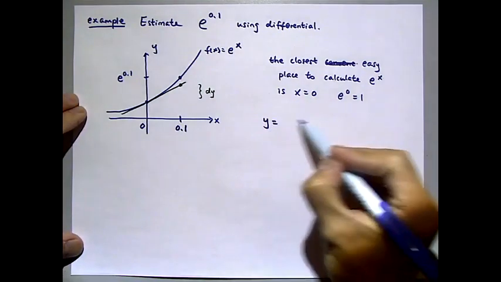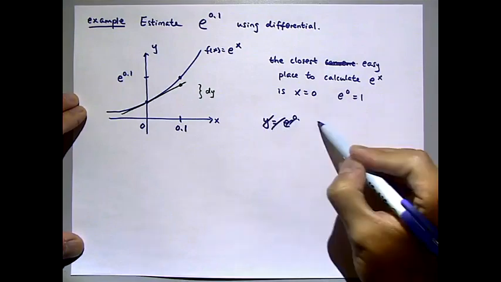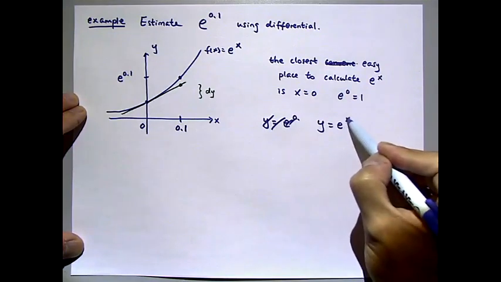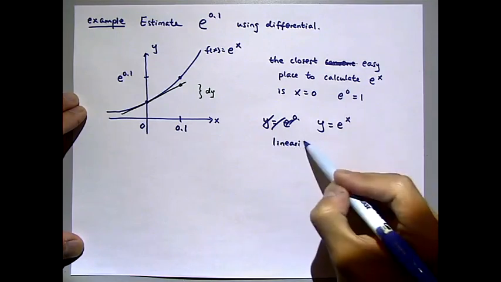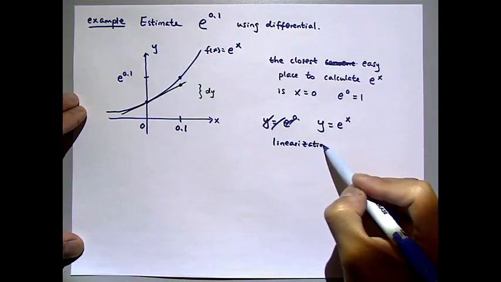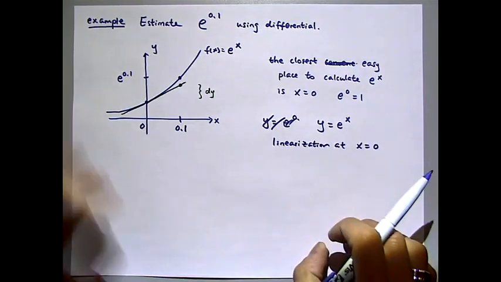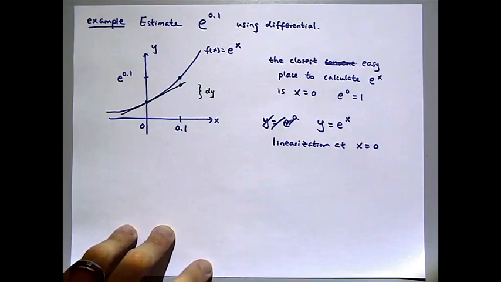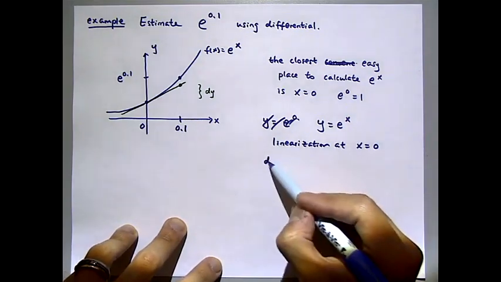Y is equal to e to the x, sorry. That's the function we're using. Y is e to the x. The linearization at x equal to 0. Let's get a differential here.